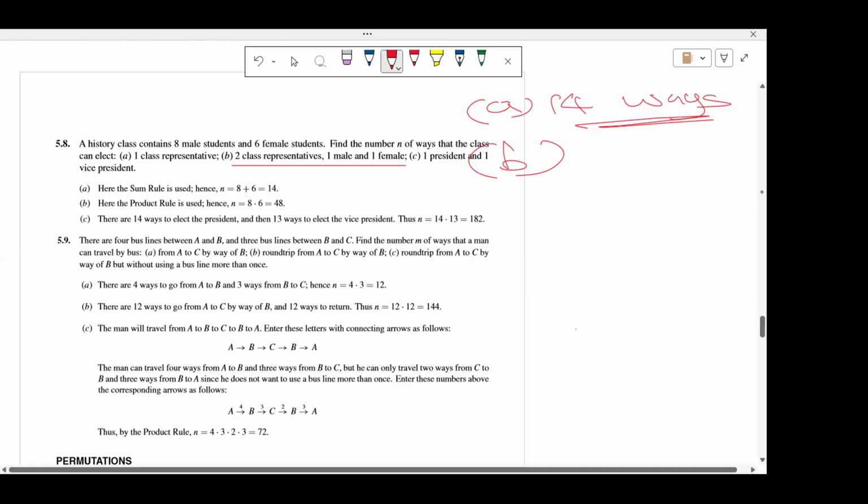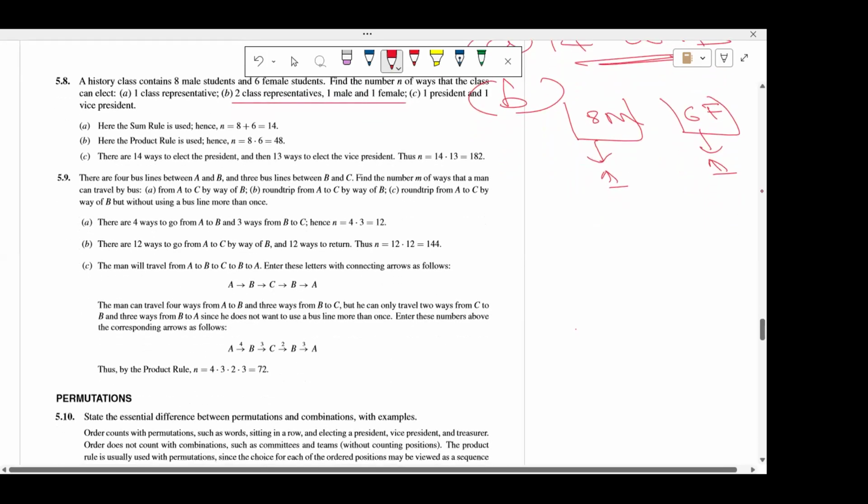Let's say the population is 8 male students and 6 female students. Among these 8 male students, we need to select one. Among the 6 female students, we are selecting one. If you want to select the class representatives, one male and one female, how many possible ways are there?